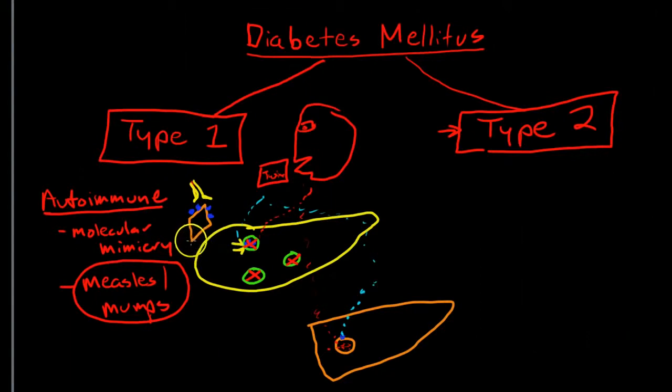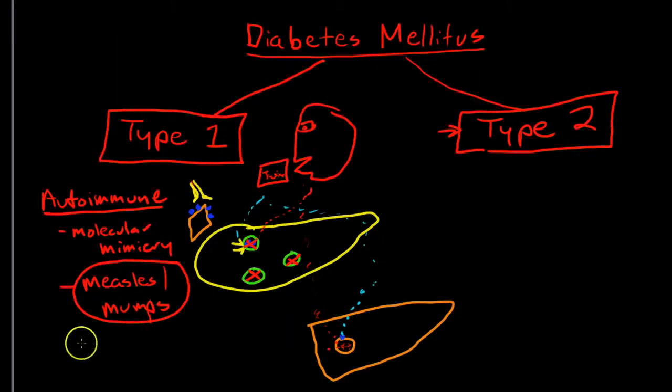There's another theory that there could be connections with very early exposure to cow's milk. Similarly, in cow's milk there may be a protein or a peptide that looks very much like a protein or a peptide that is on the beta cells in the pancreas. But in any case, whatever the cause, the immune system attacks the beta cells in the pancreas and one by one destroys them over a period of weeks to months, and then the patient will lose all of his or her insulin producing capacity.